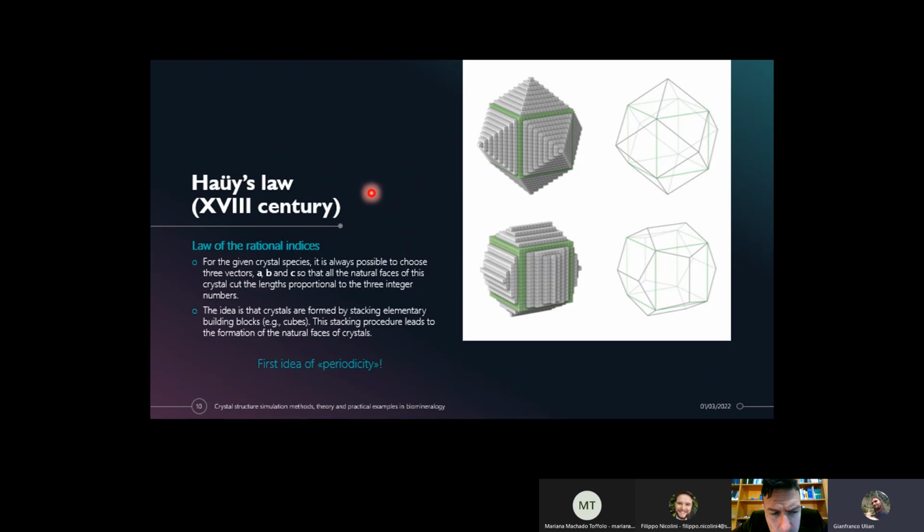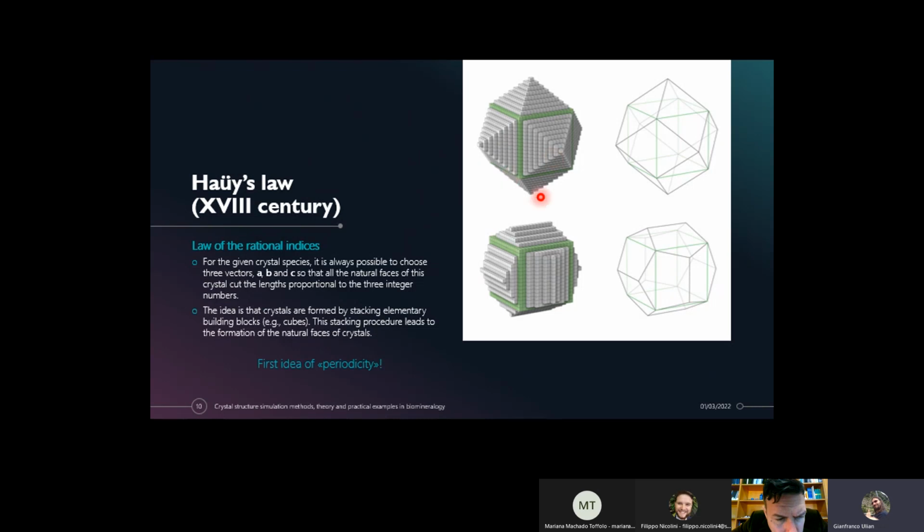This law states that for a given crystal species, it is always possible to choose 3 vectors, a, b, and c, so that all the natural faces of this crystal cut lengths proportional to 3 integer numbers. This is a way to mathematically describe the crystal shape.